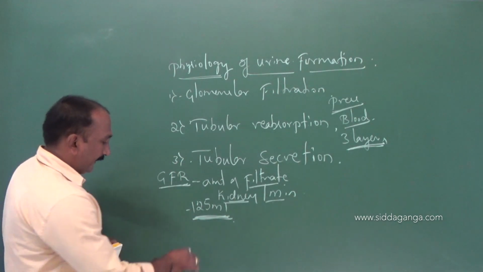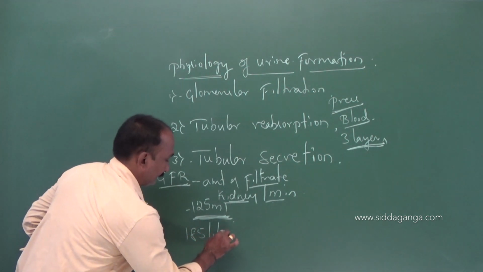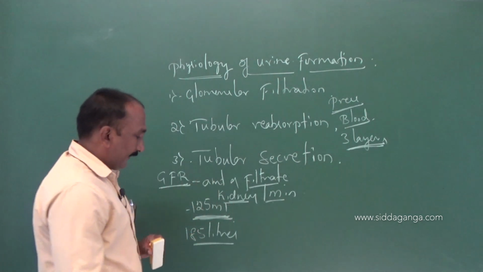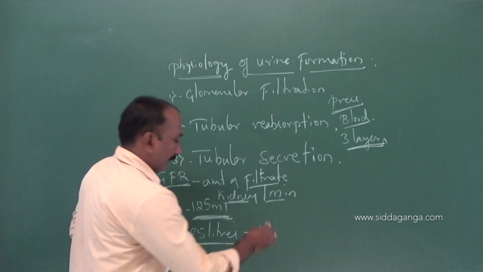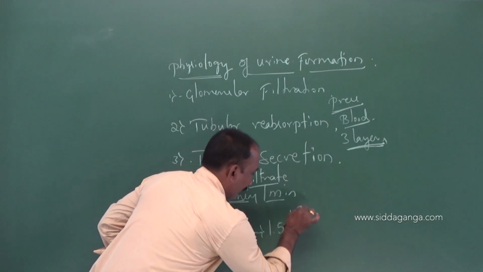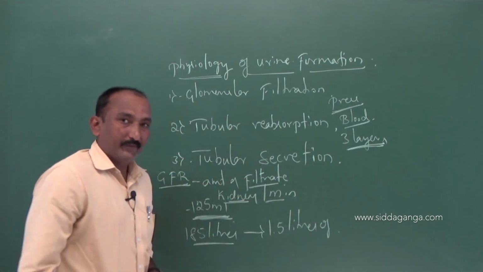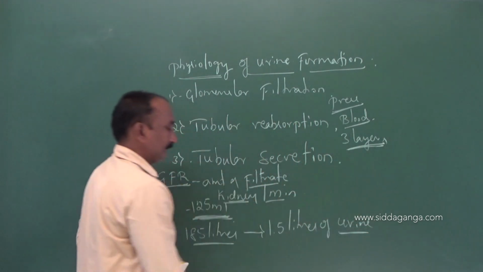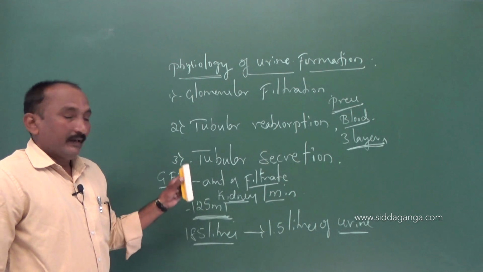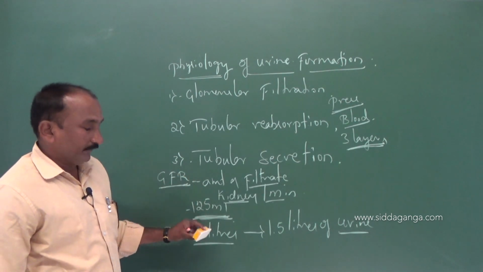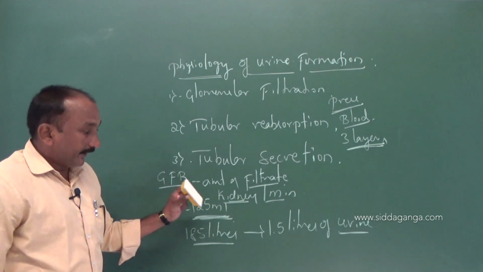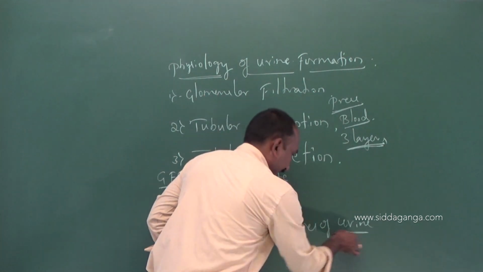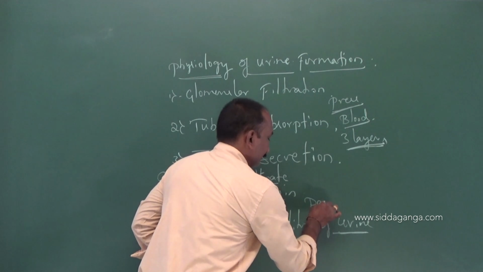Per day about 185 liters of filtrate will be formed within the kidney. Such 185 liters of filtrate will later be converted into 1.5 liters of concentrated urine. The question arises how 185 liters of filtrate can be converted into 1.5 liters of concentrated urine per day.